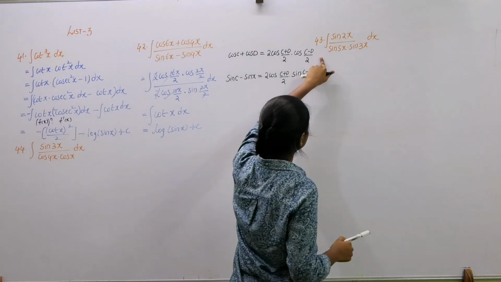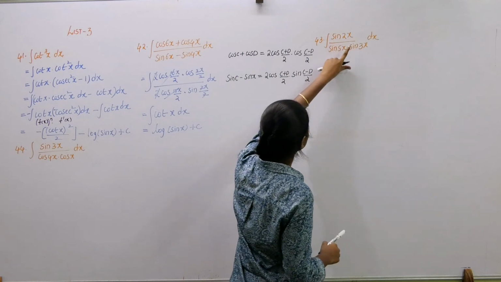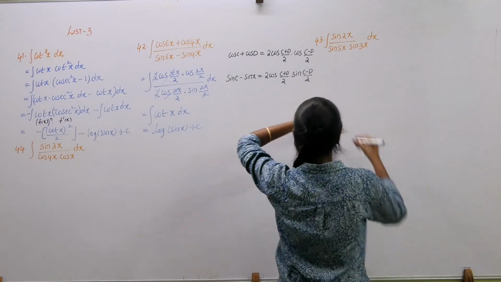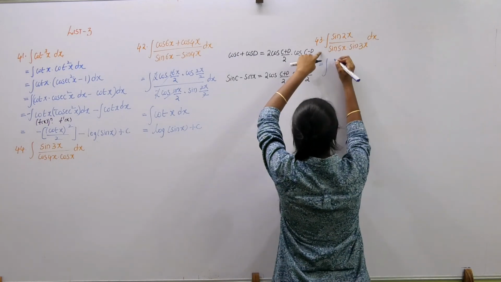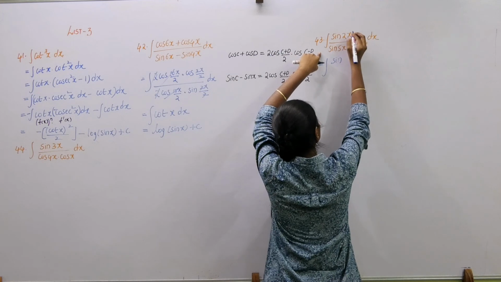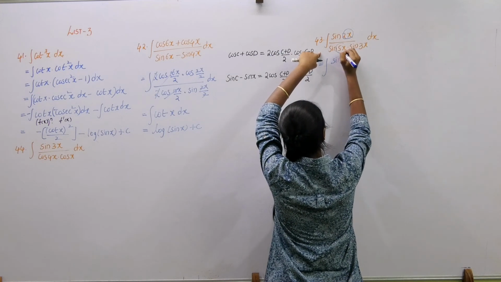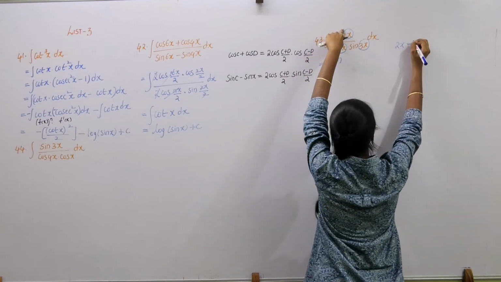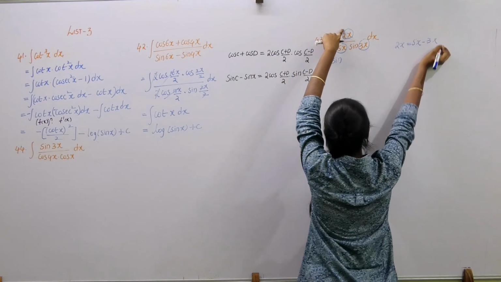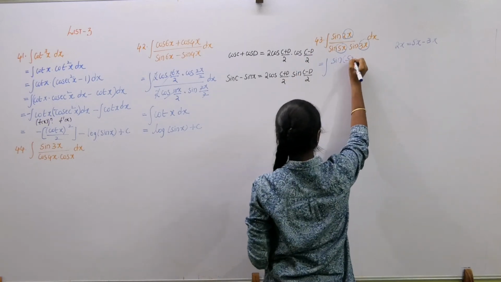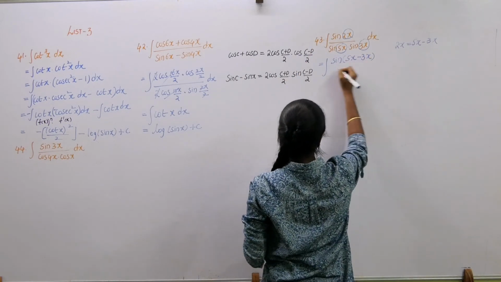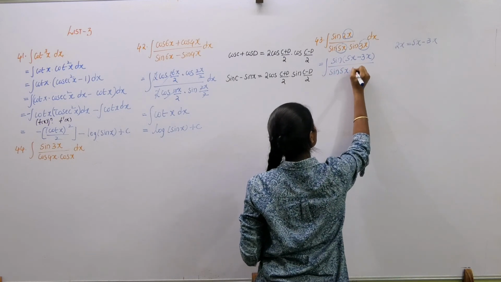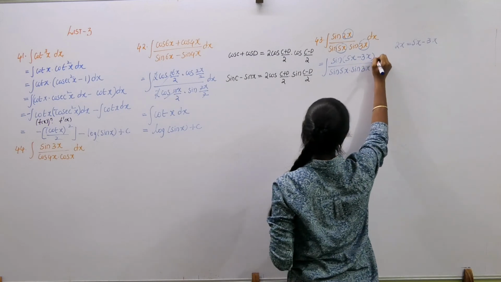Next, 43rd one. Integral sin 2x by sin 5x into sin 3x dx. To solve this, in the numerator we have 2x, and in the denominator 5x, 3x. I can write 2x is equal to 5x minus 3x. So in the place of 2x, I have substituted 5x minus 3x, and in the denominator, sin of 5x into sin of 3x dx.